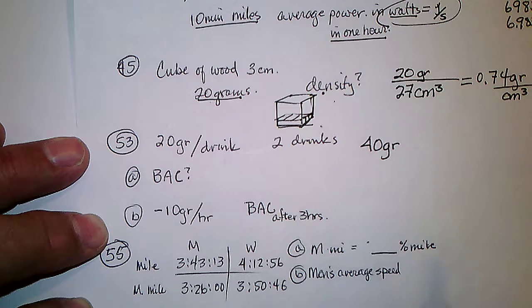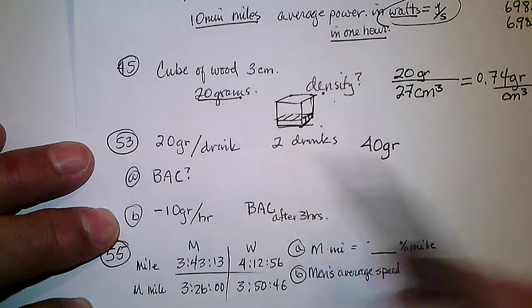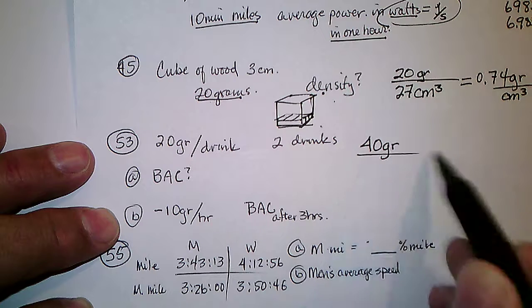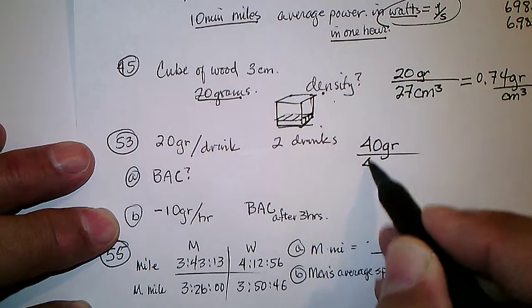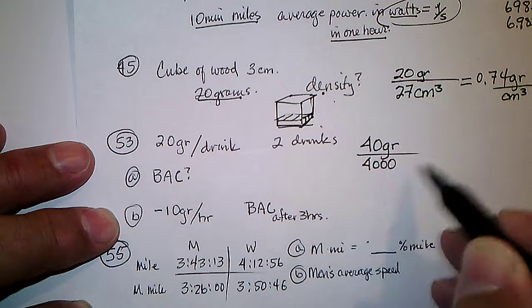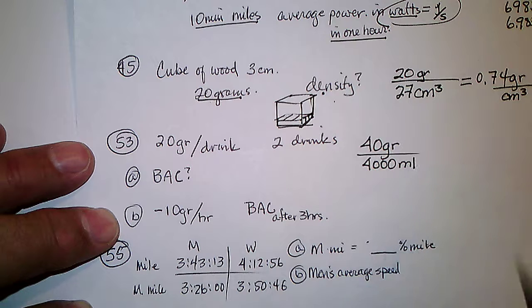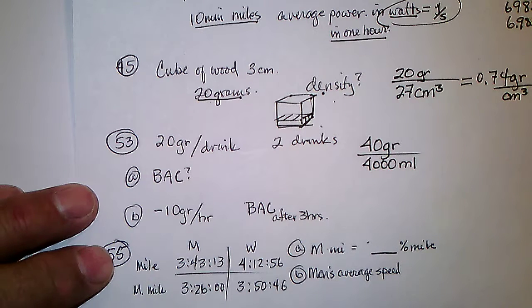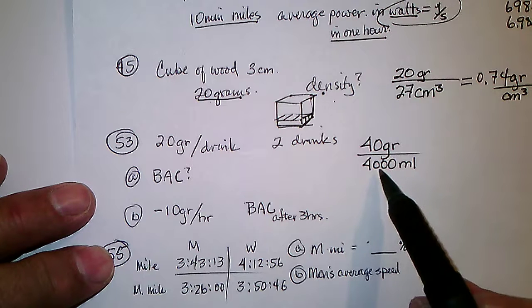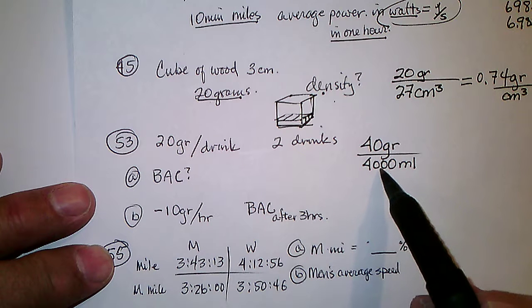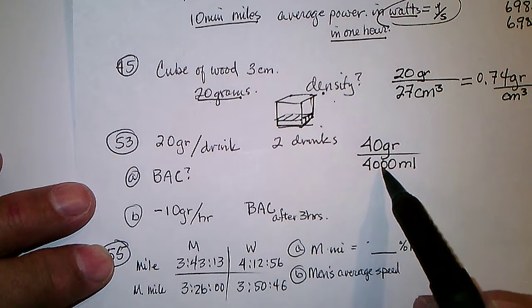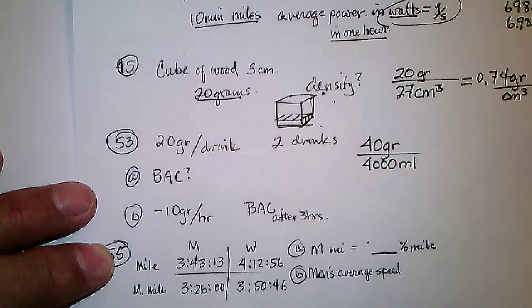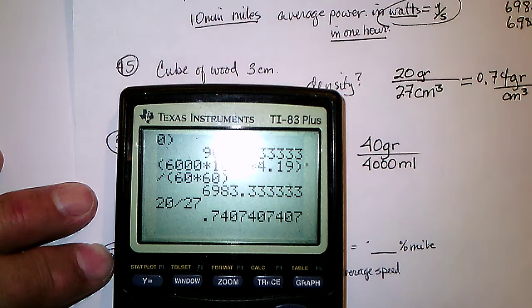And the amount of blood she had, she was a smaller lady, so they said that there was 4,000 milliliters, 4 liters of blood. All right. So now we have to get this to be grams per 100 milliliters. So first of all, what's this work out to be?